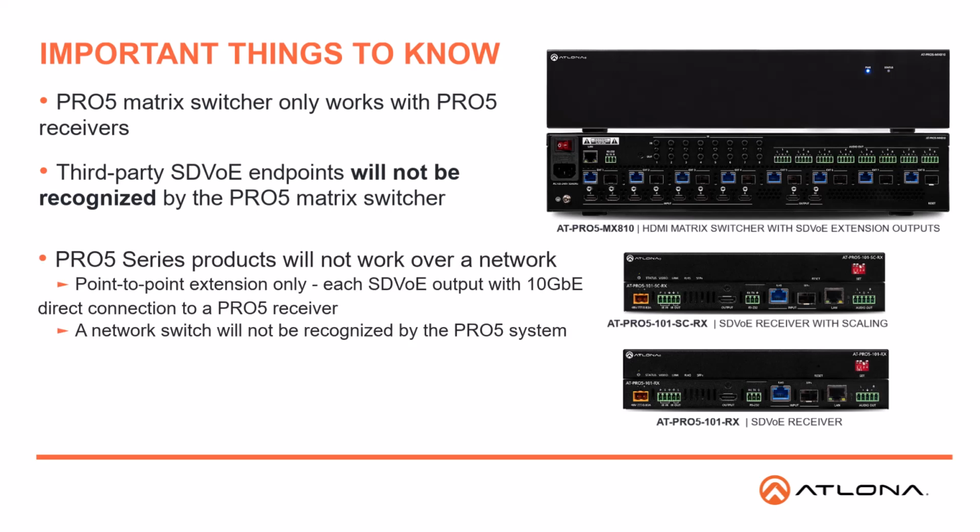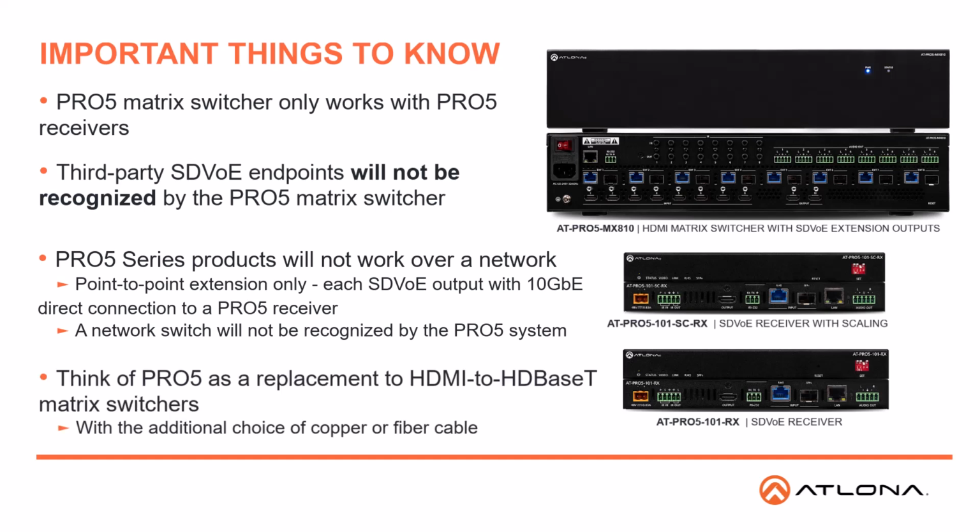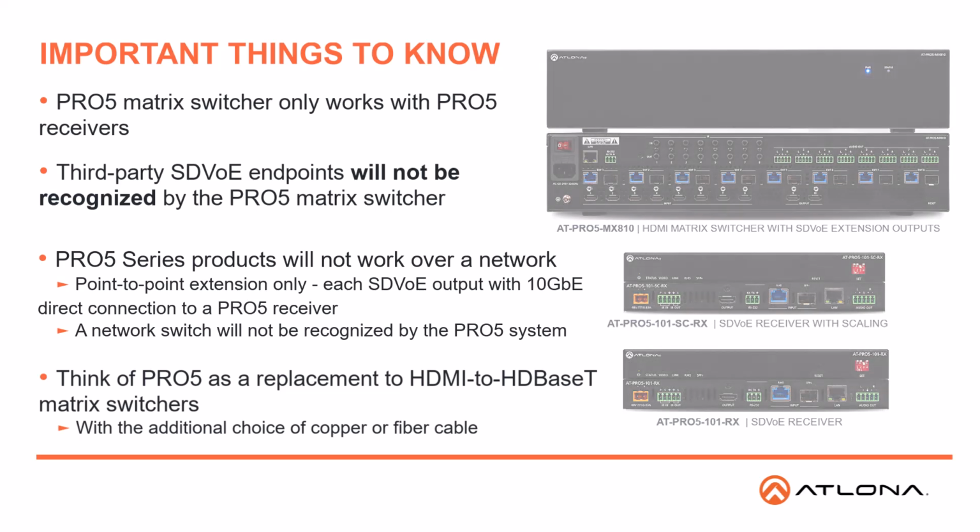Additionally, the Pro5 system will not work over a network. Again, this is a self-contained system, with each SDVoE output going directly to a receiver. The Pro5 series can seem complex in its capabilities and technology, but in the end, it's a replacement to HDMI to HDBaseT matrix switching, with the additional choice of copper or fiber optic cable.